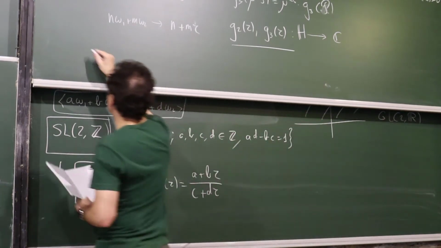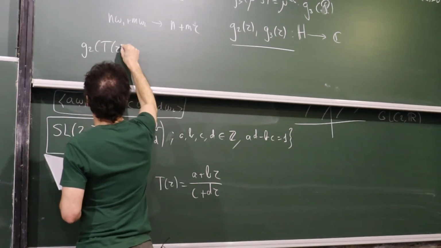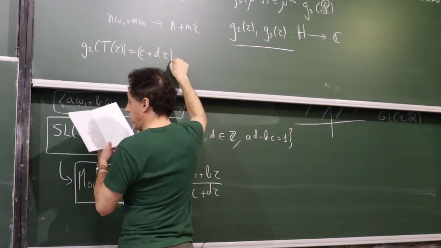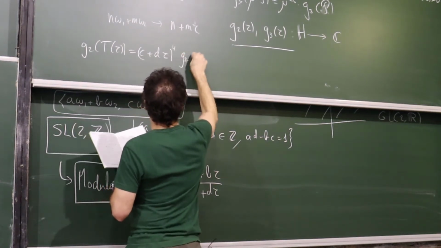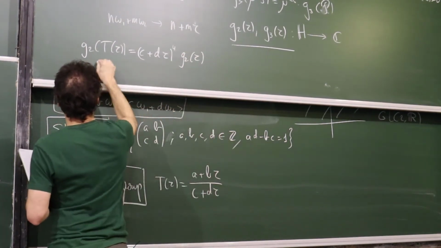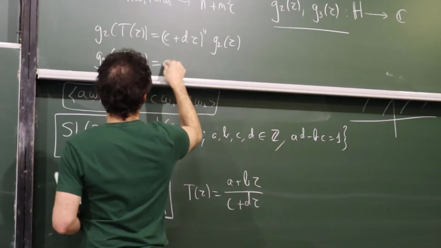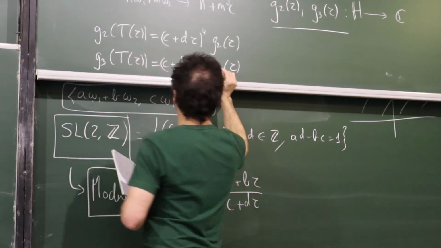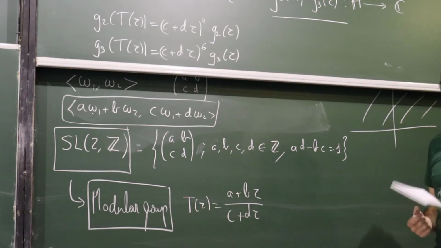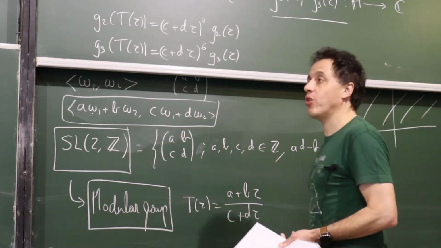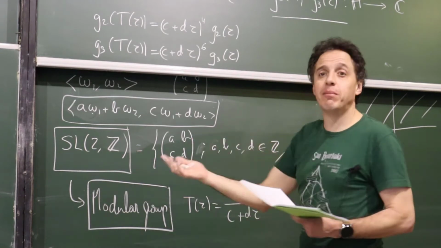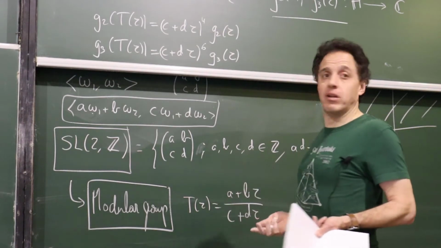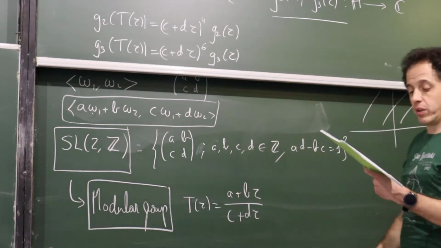And it's easily seen that G2 of the transformed tau is equal to C plus D tau to the 4, times G2 of tau, and G3 similarly. Well, this is a simple computation. Try to do this computation at home, and we have to realize that at some moment you have a permutation of the elements of your lattice of periods, but you arrive at this conclusion.